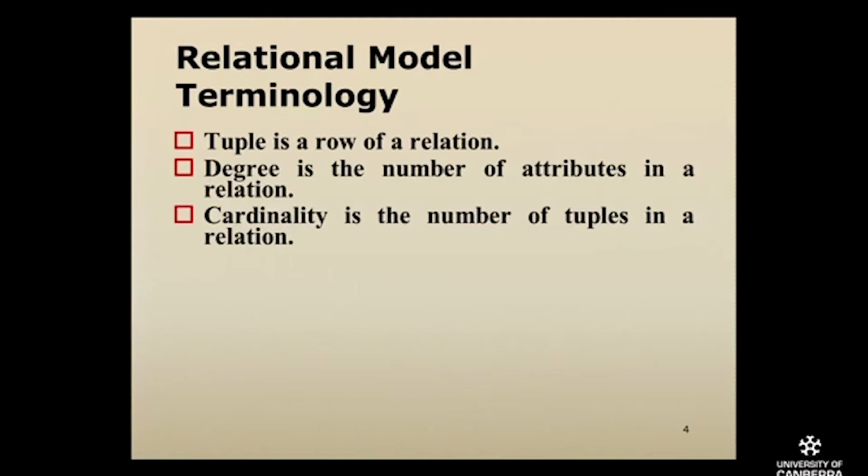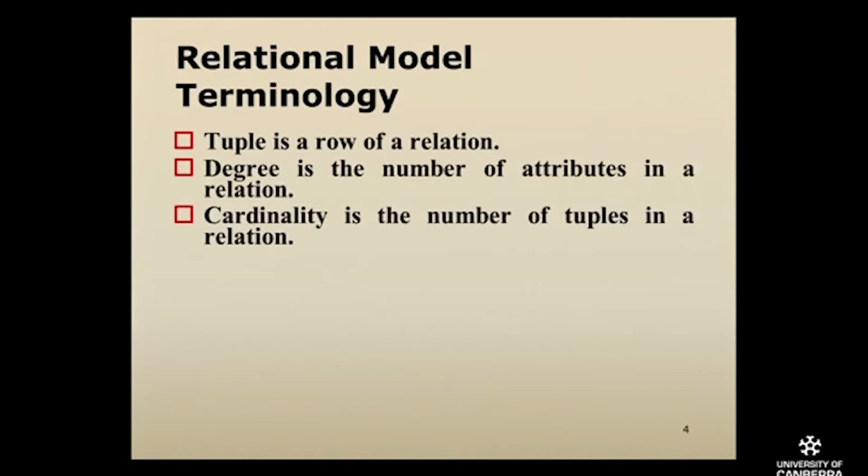So a row in a table is called a tuple. All right? The number of attributes in a table is called the degree of that table. So the student table has got 3 attributes, or 3 columns, so the degree is 3.